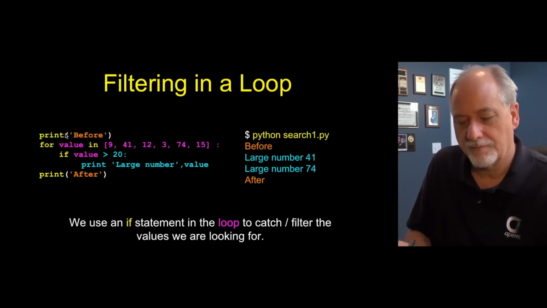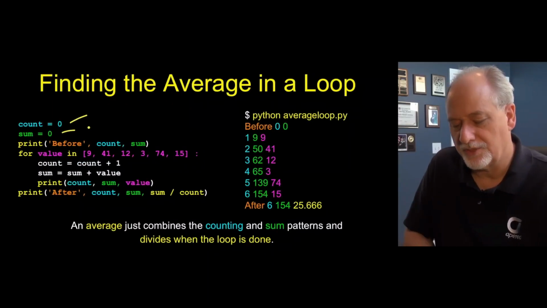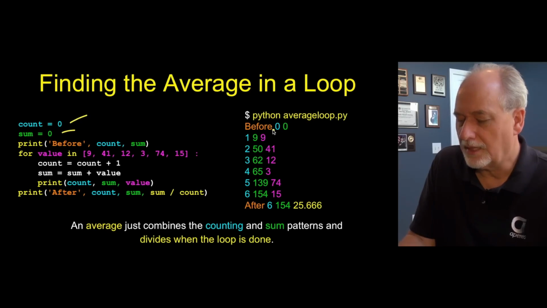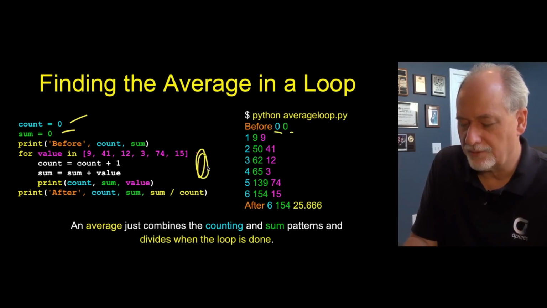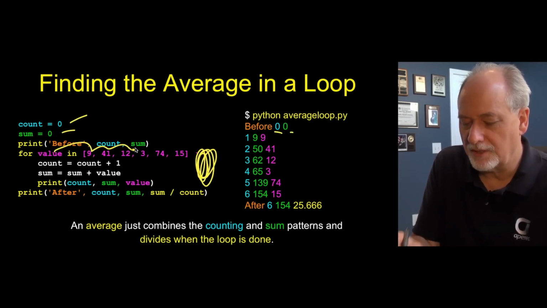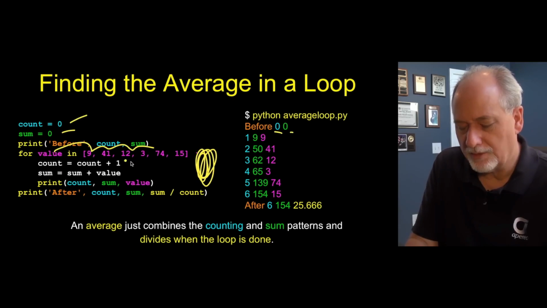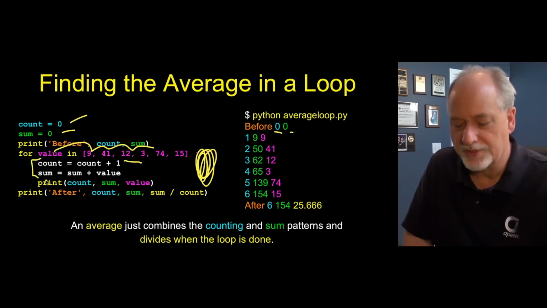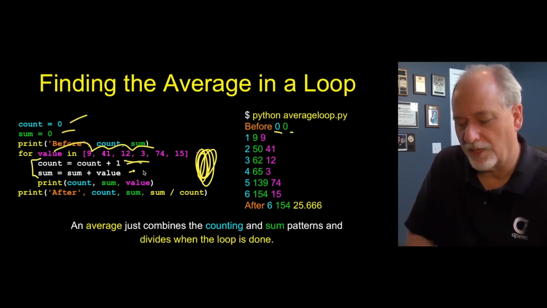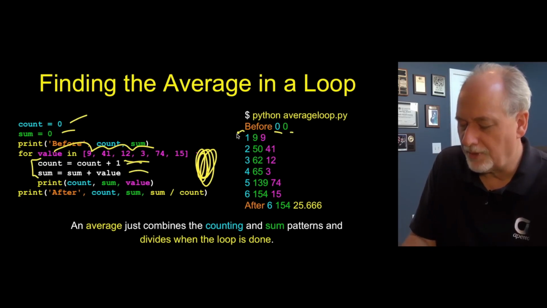I set count to 0 and sum to 0 at the beginning, and the count is 0 and the sum is 0. And then I'm going to run this loop 6 times, 1, 2, 3, 4, 5, 6, and each time value is the iteration variable. Every time I run the loop, count equals count plus 1, sum equals sum plus value, so I have a running count and a running total, and they show up here, 1, 2, 3, 4, 5, 6, and then the running total.